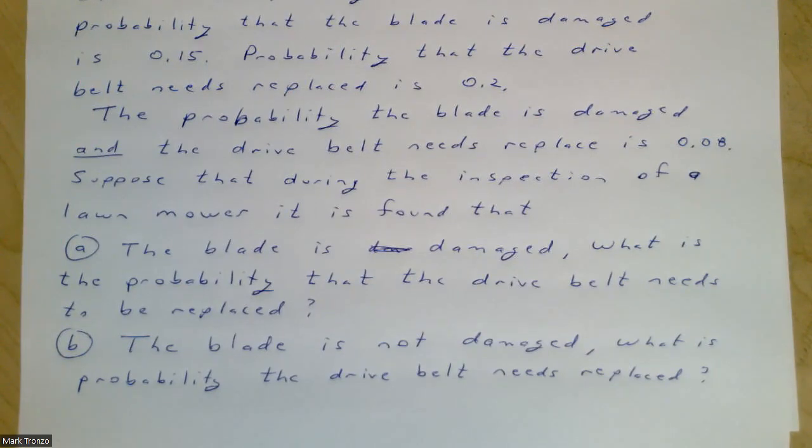So let's take a look at this problem. And so as usual, it's good to define some things here. Now, things that we have that we've been given are whether or not the blade is damaged.